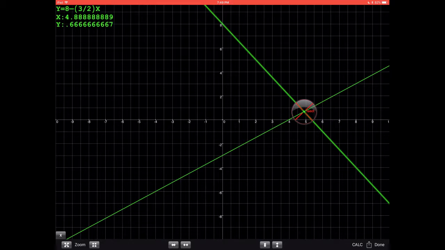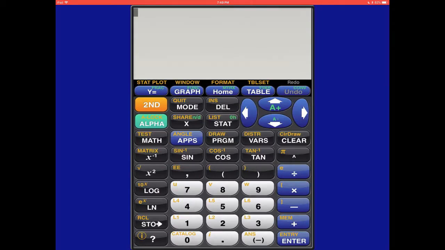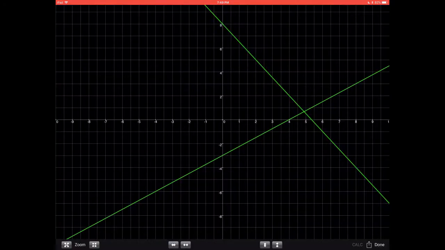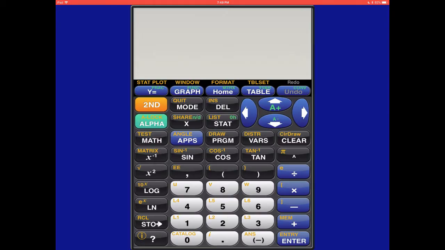Now, for the TI-83s or the TI-84s, what you're going to do is you're going to calculate. And so let me hit done. And up above these functions, there'll be one of these that'll say calc. Let me go back into graph. Done. Up above these where it says stat plot window format table, one of them will say calc.